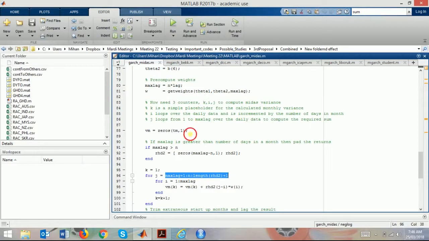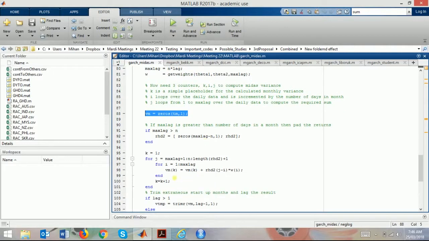And what is VM? Variance of the market. The variance of the market is whatever you calculate, because though it's a for loop, it looks like a while loop, added to the squared returns, the realized volatility. This is the monthly volatility, which is the realized volatility.